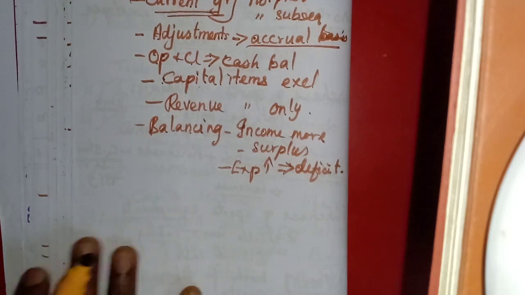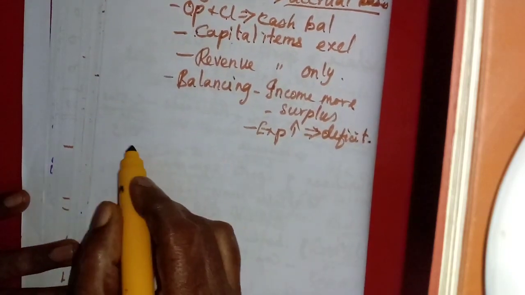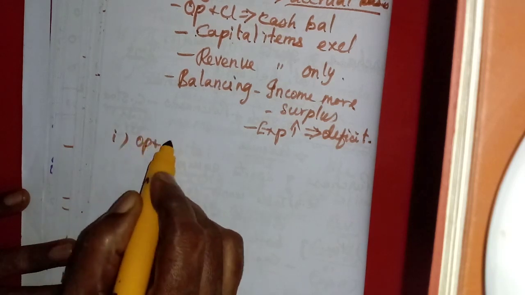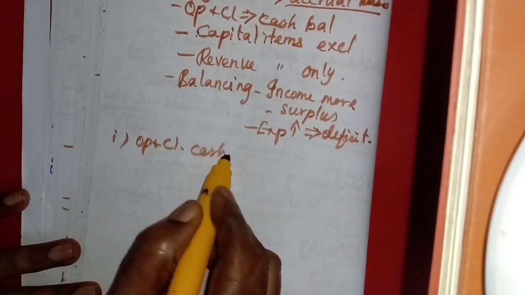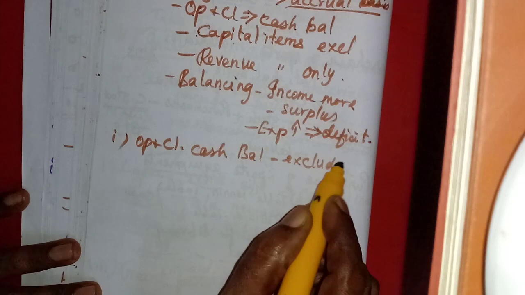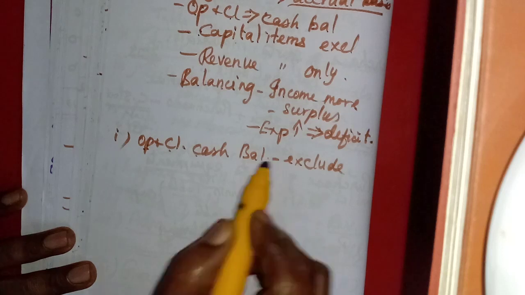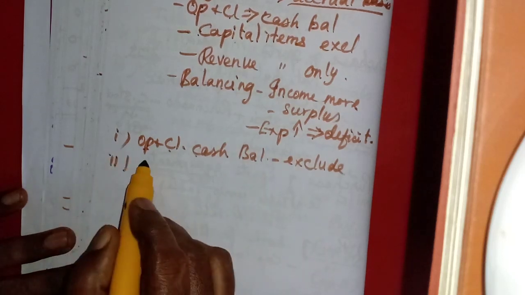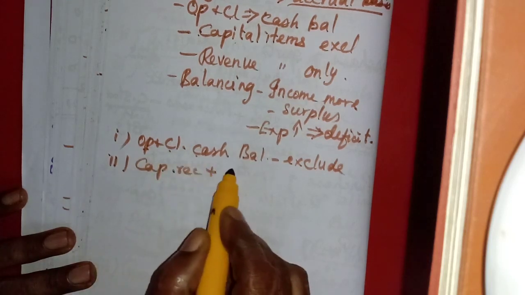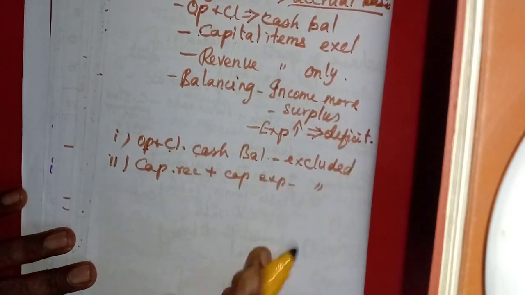So I will tell you the steps of how to prepare the income and expenditure account. The first step, we have to exclude the opening and closing cash balances. Exclude means omit, do not take. Then capital receipts and capital expenditure must also be excluded.